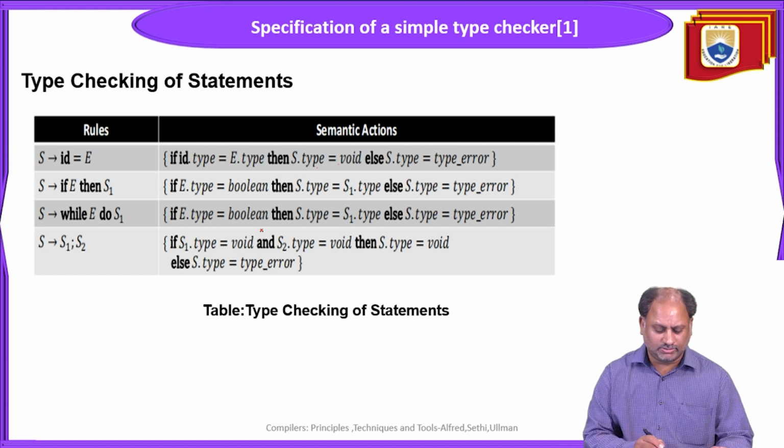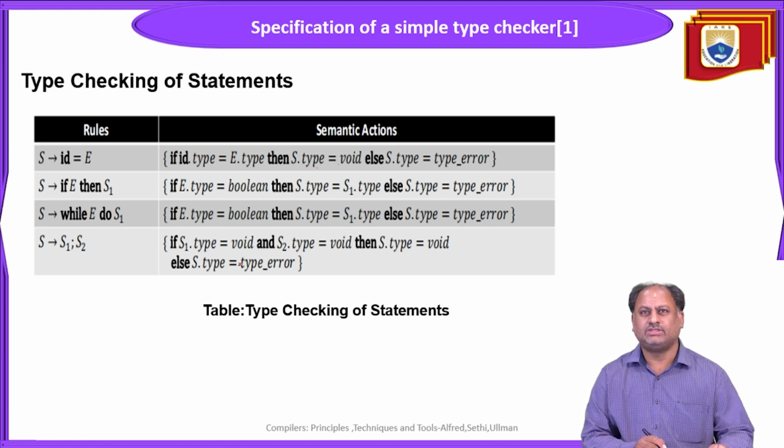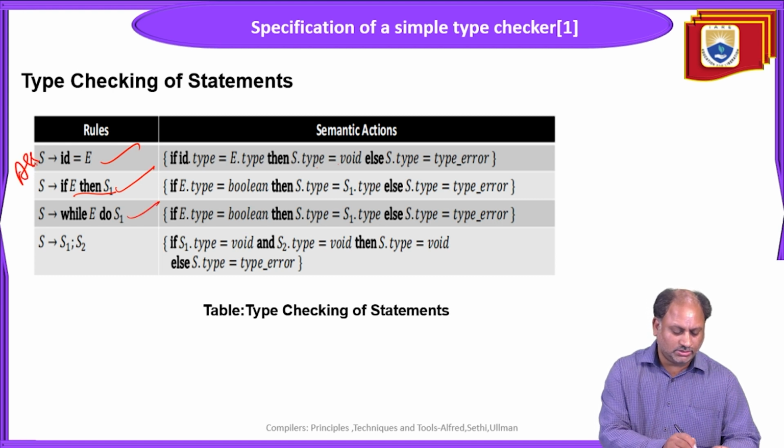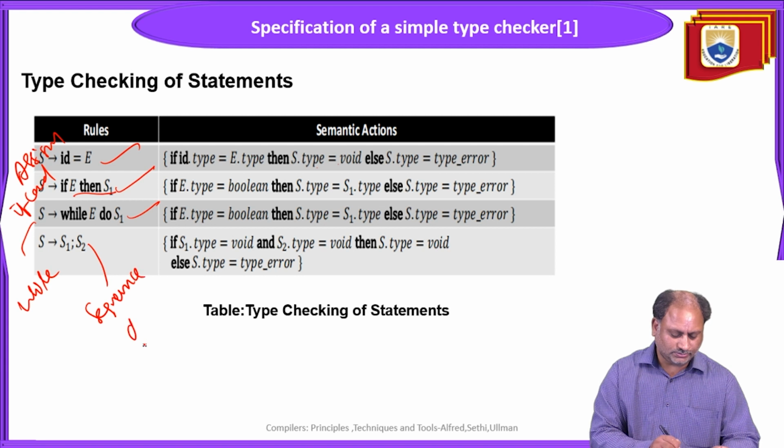The same table representation is also given as semantic rules, stepwise. Just simply write the type of that variable. In the while loop or the if condition, individual assignment or if condition while. This is the assignment statement. This is if condition. This is the while statement, and this is the sequence of statements.